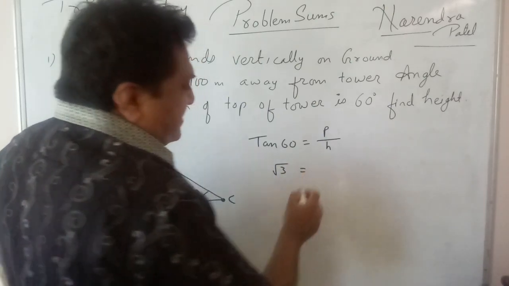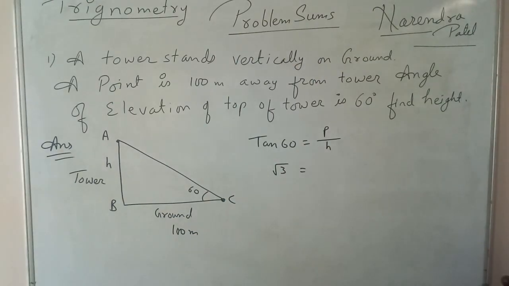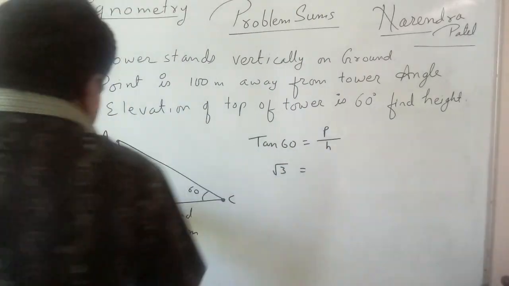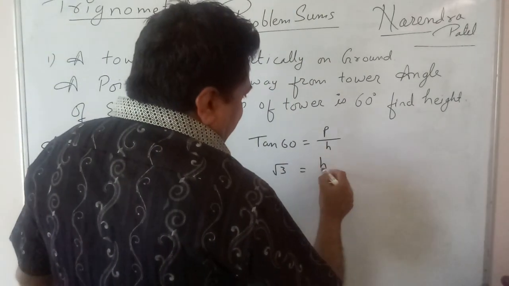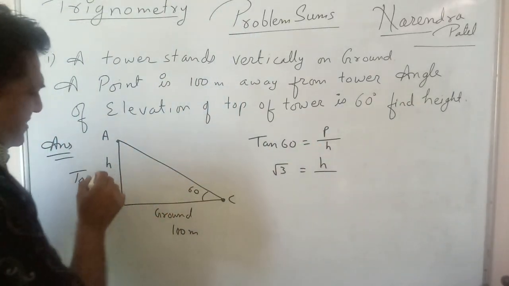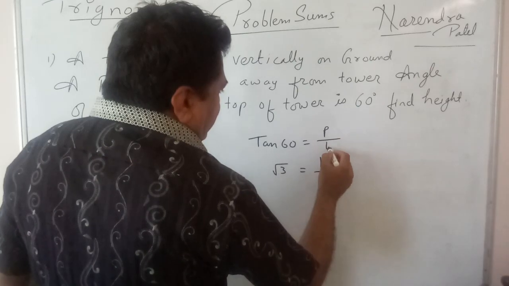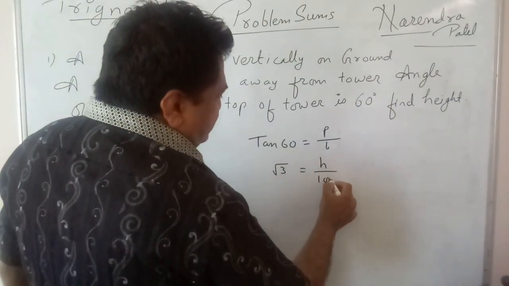Last time from the table we learned that the value of tan 60 is root 3. Perpendicular we take as H, so we take height H. Base is 100 meters.